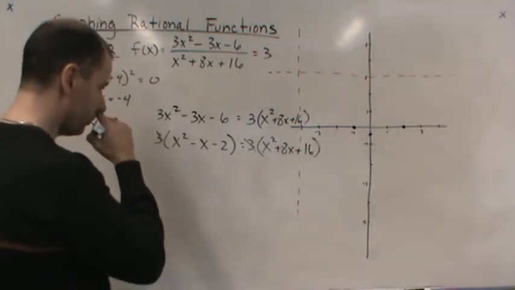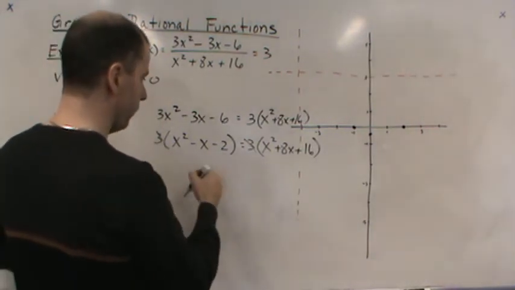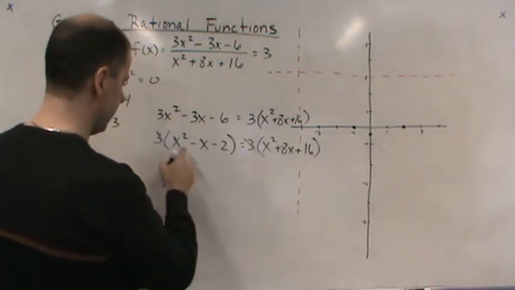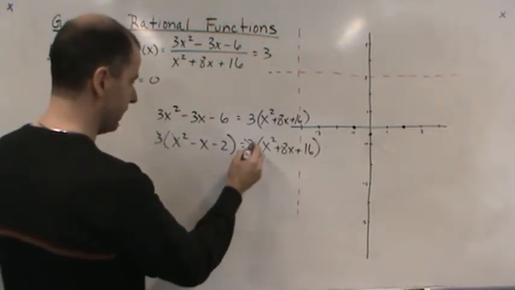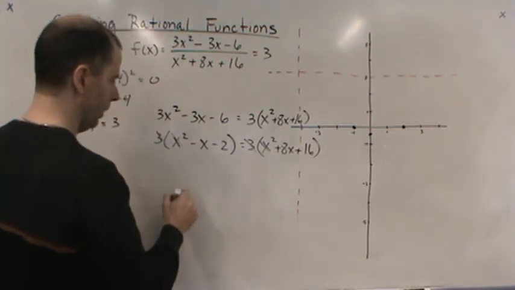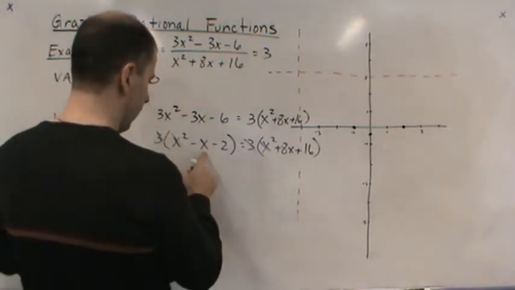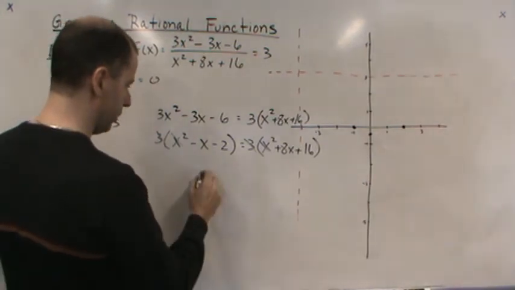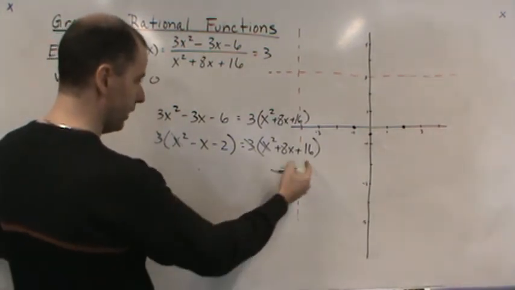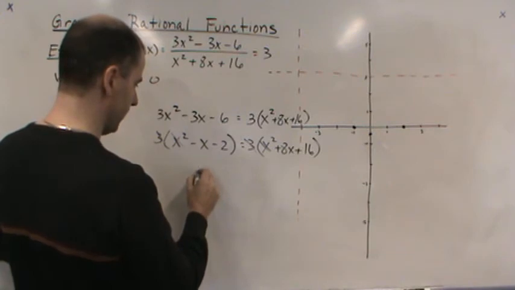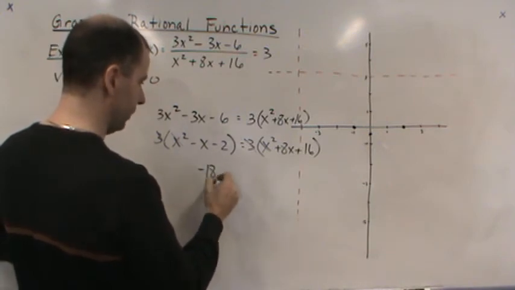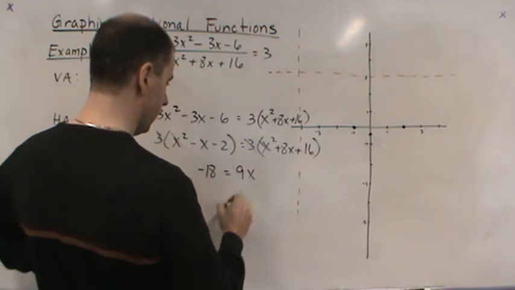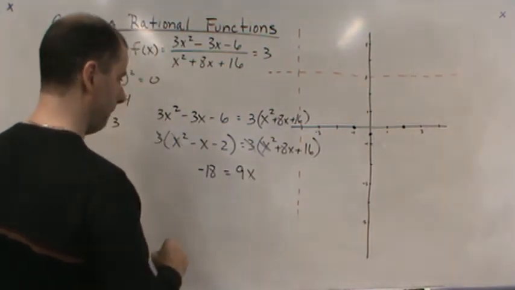Okay? And then if we move everything over, this x squared is going to cancel with this x squared. We move this x over here, we're going to get 9x, and then move the 16 over here, so we're going to get negative 18 equals 9x, right?